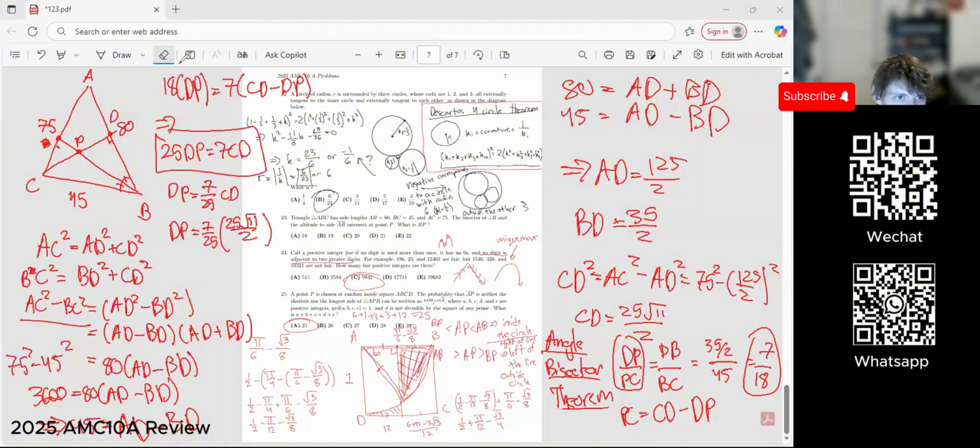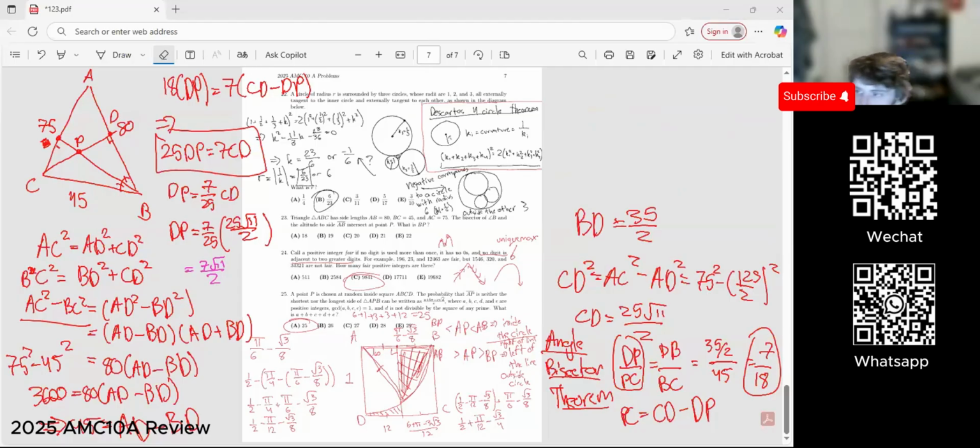I'm going to switch colors. This comes out to 7 root 11 over 2, and so I'm unfortunately going to have to erase some of this.